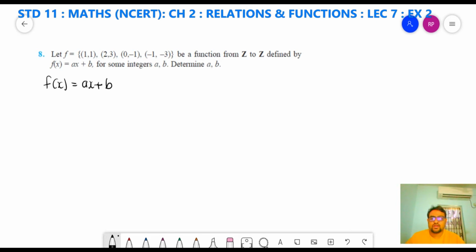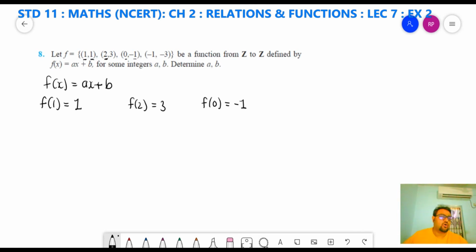Clear? Now see what we had studied. If I am taking this as x, then this will be f(x). So f(1) equals 1, f(2) equals 3, f(0) equals minus 1.